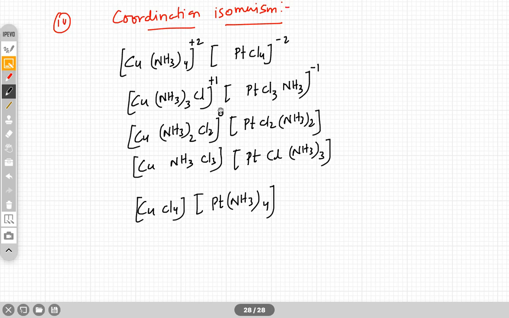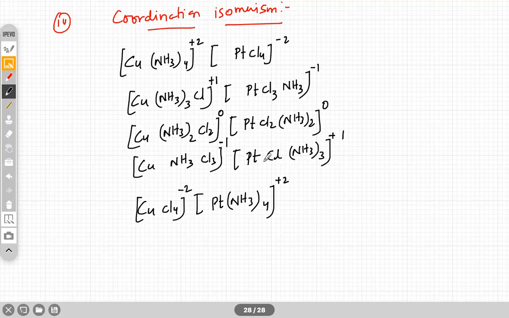So here the charge would be 0 and 0. Further here the charge would be minus 1 and here it would be plus 1. Here it is minus 2 and plus 2, like this we have the charge.